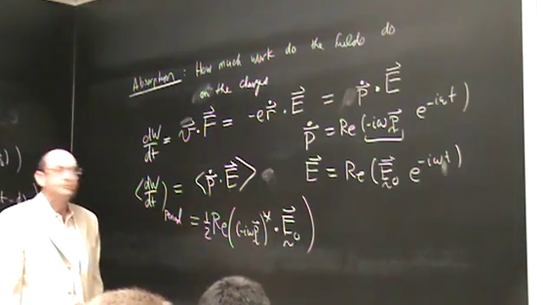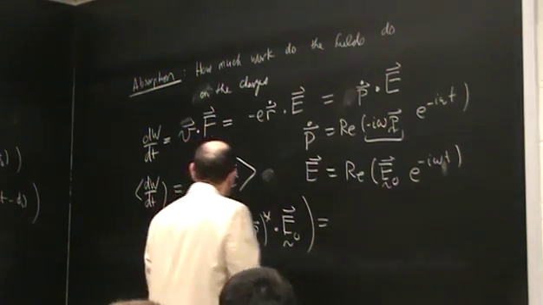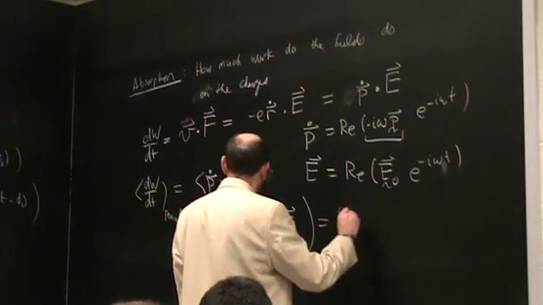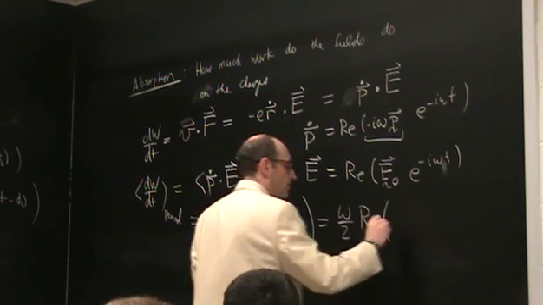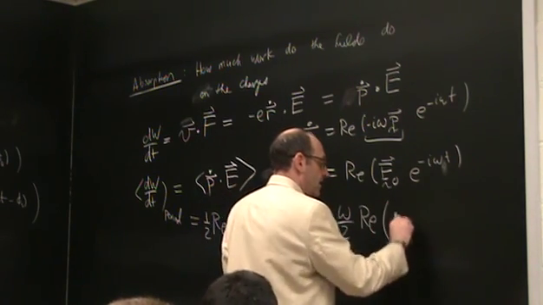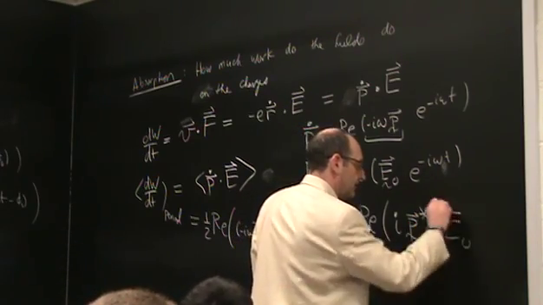Okay? So now we can plug that in. We got omega over 2. We got the real part of i, P twiddle star, dotted into E naught.